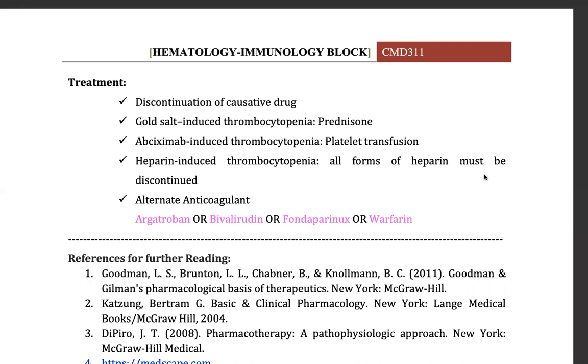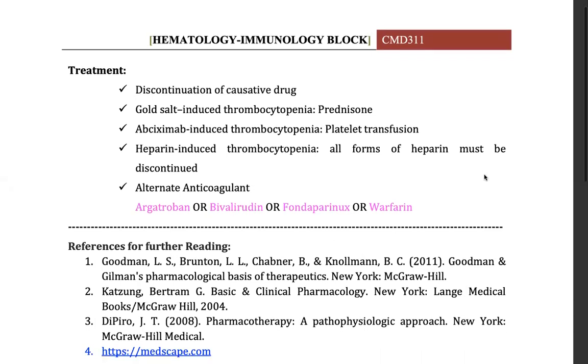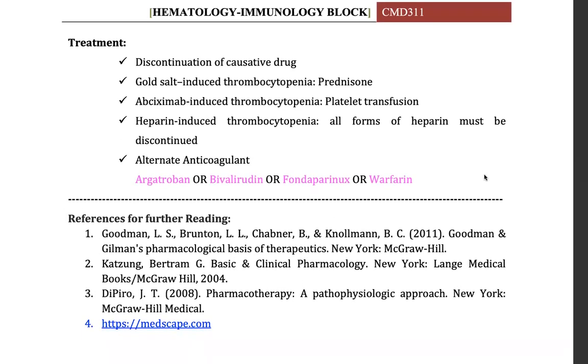And for heparin induced thrombocytopenia, all forms of heparin must be discontinued, and you can prescribe an alternate anticoagulant, that is argatroban or bivalirudin or fondaparinux or warfarin.